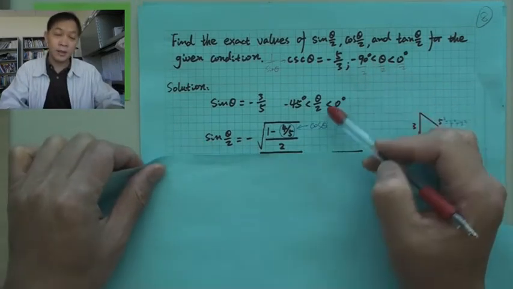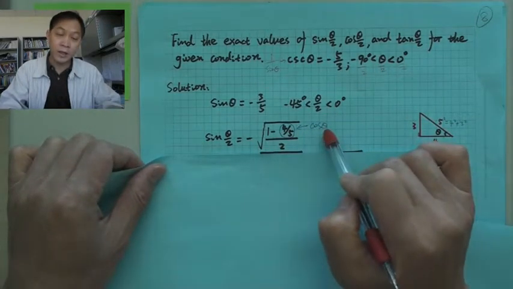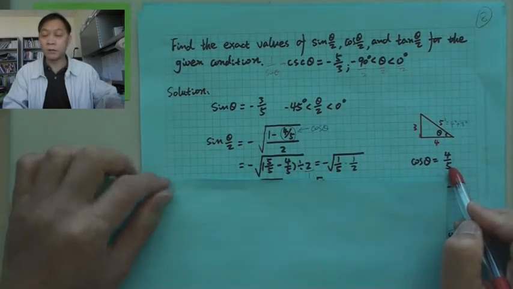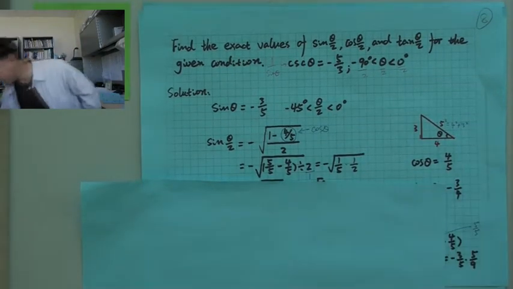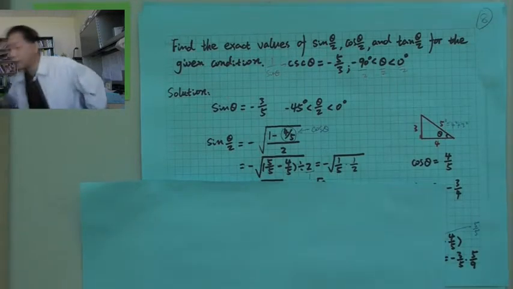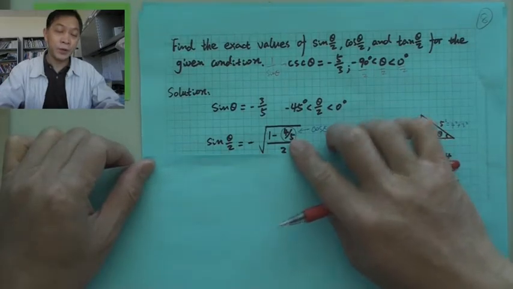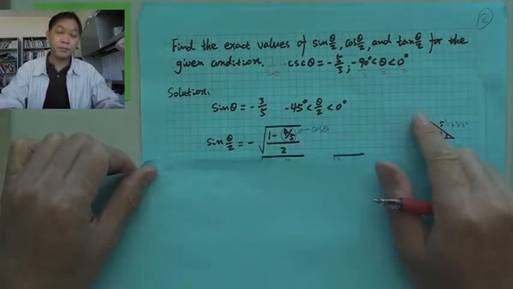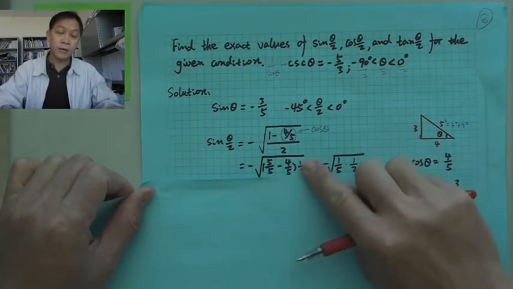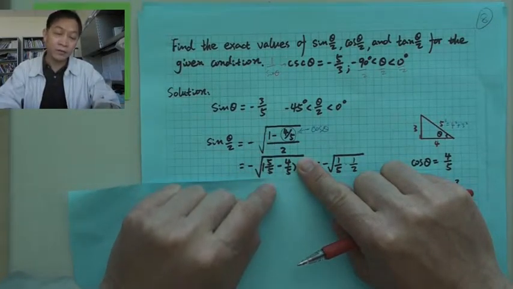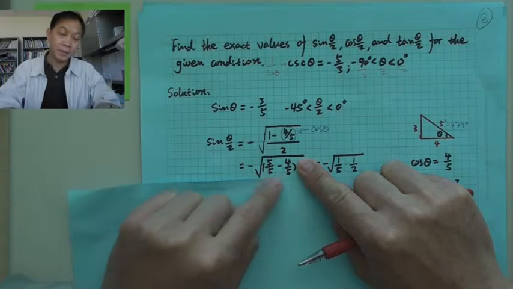And then minus cosine theta. Cosine theta is 4 over 5, positive. Now, 1 is 5 over 5, because you want the same denominator.